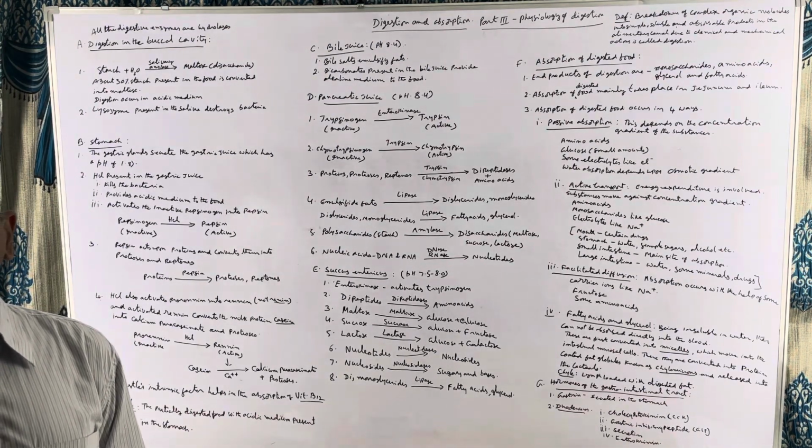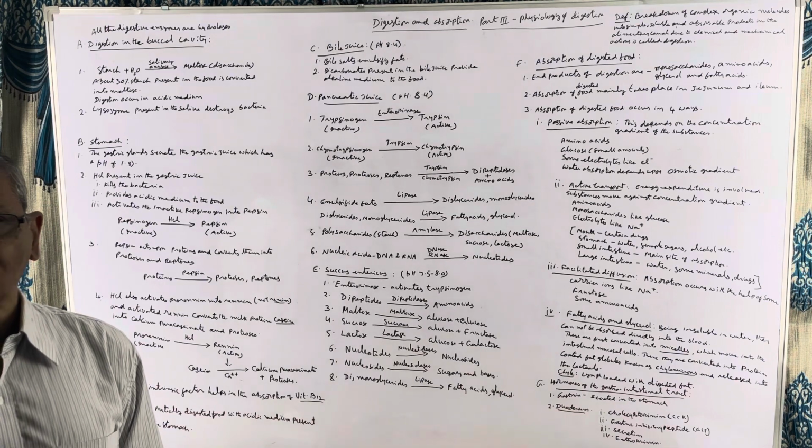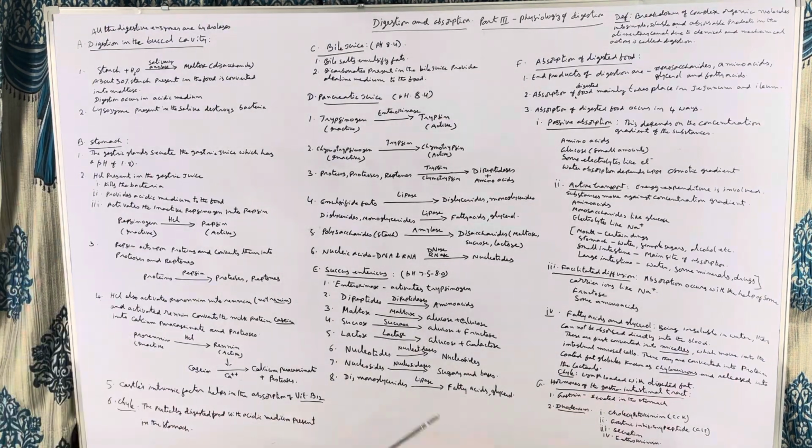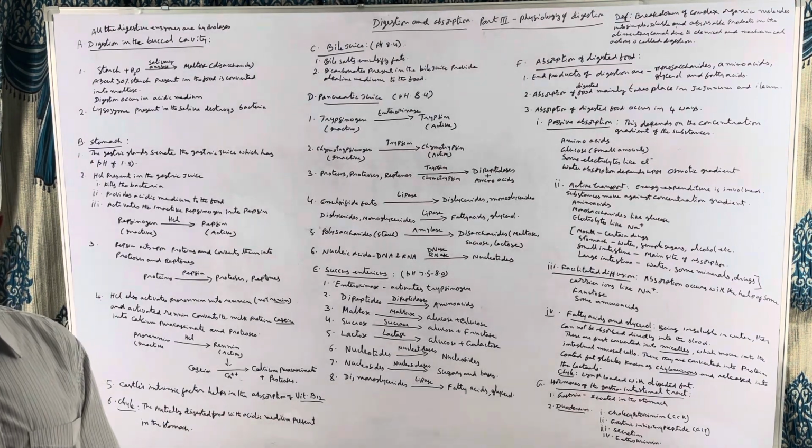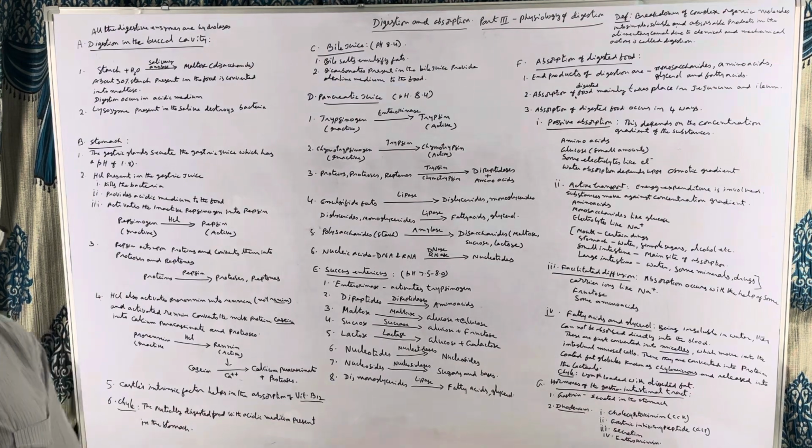It has to be activated into renin by the action of the hydrochloric acid or HCl. On activation, renin acts upon casein, the milk protein, in the presence of calcium ions and converts it into calcium paracaseinate and proteases. In this way, casein present in the milk is converted into a semi-solid calcium paracaseinate and proteins.